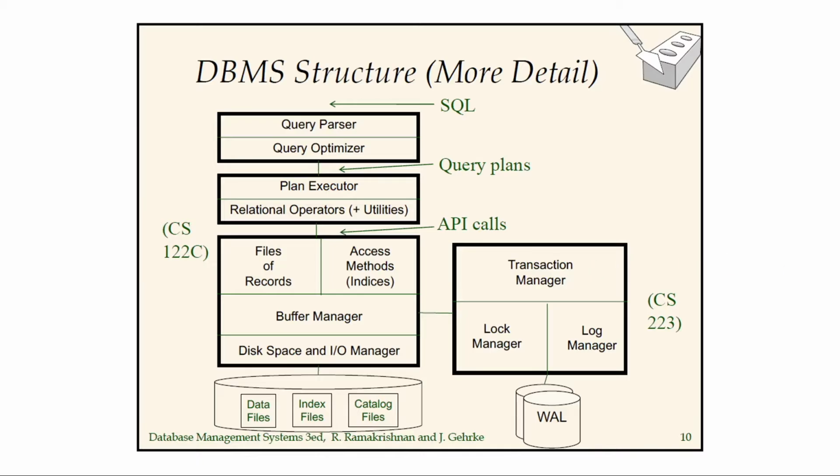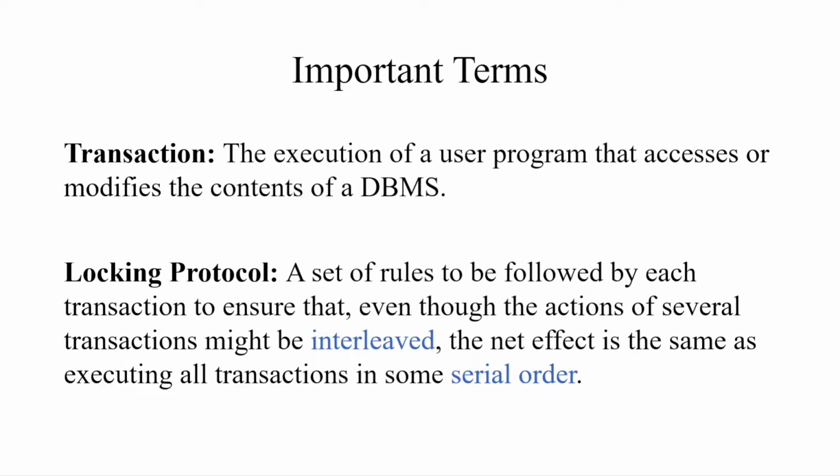So there's a couple of important terms here. First off, what is a transaction? A transaction is the execution of a user program that accesses or modifies the contents of a DBMS. Some examples of transactions are placing a reservation on a hotel website or accessing your checking account balance on your bank's mobile app.